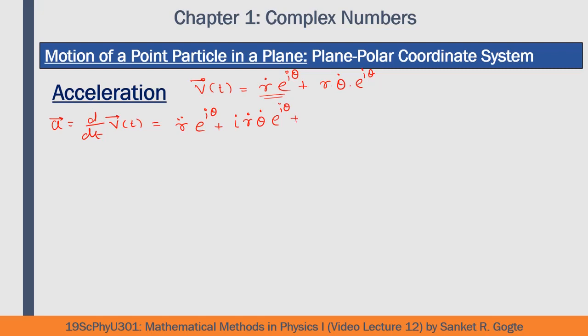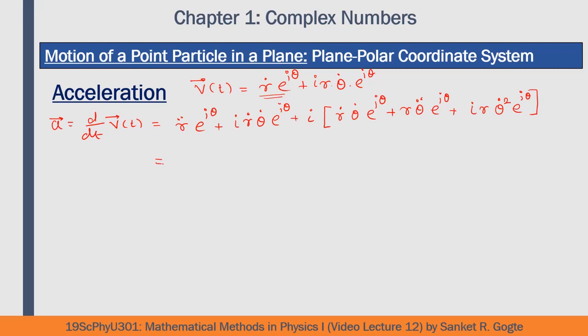Now I'll differentiate the second term. Second term is multiplied by i. Remember, it is the tangential component. This now is i r dot theta dot e to the power i theta plus r theta double dot e to the power i theta plus i into i r theta dot whole square e to the power i theta.